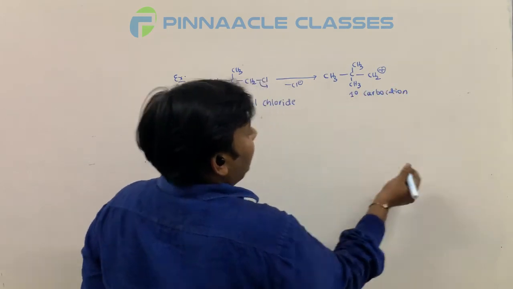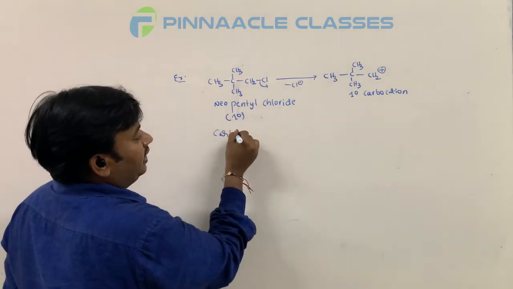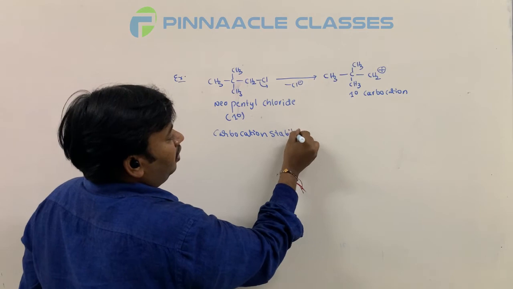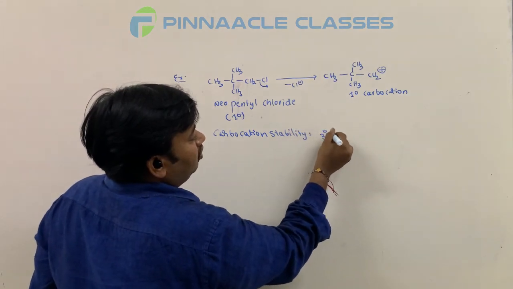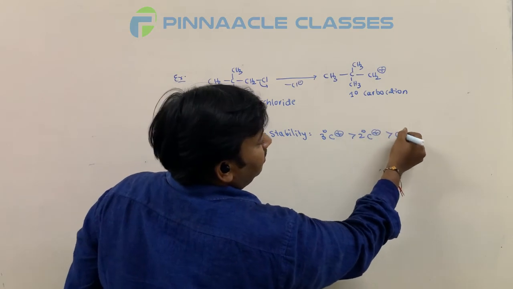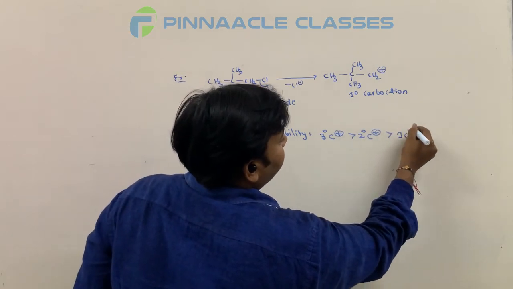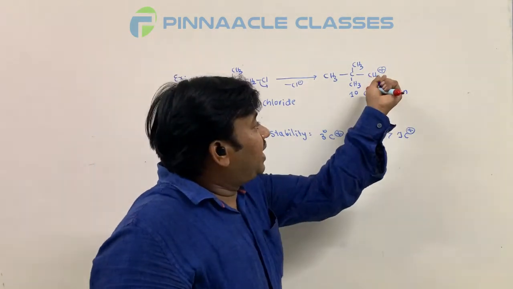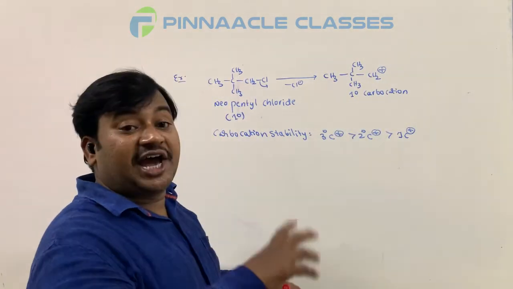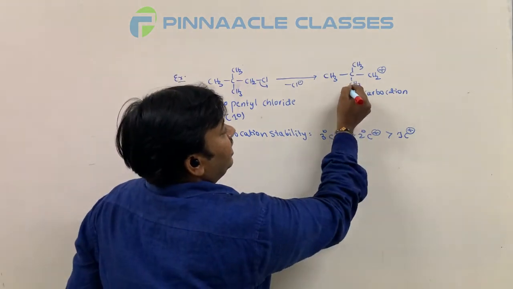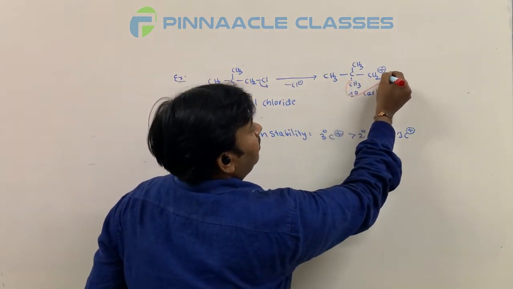Carbocation stability order follows tertiary carbocation, then secondary carbocation, then primary carbocation. So tertiary carbocation is more stable, but here we got a primary carbocation. But there is a chance to rearrange. The neighboring carbon's methyl can shift here.